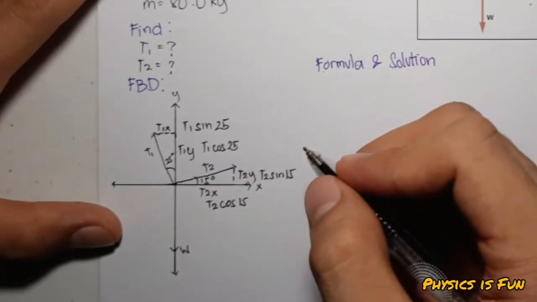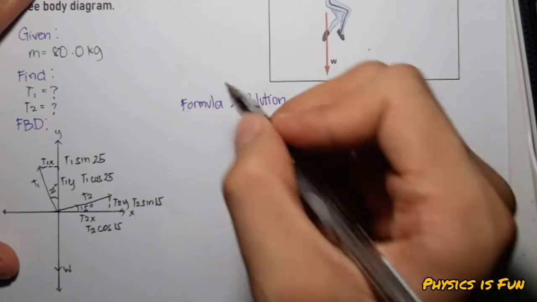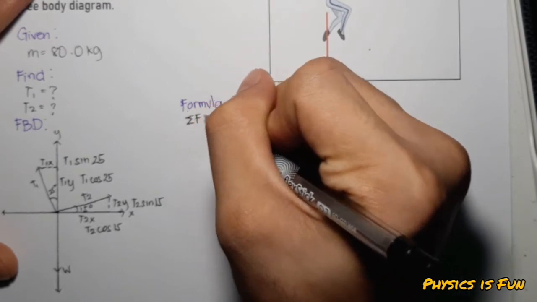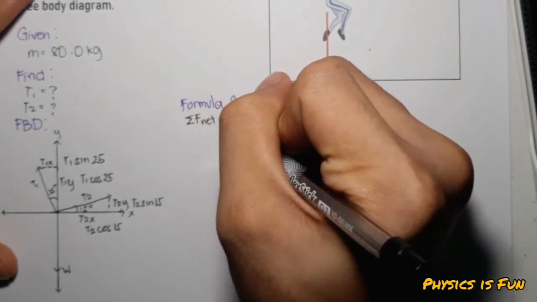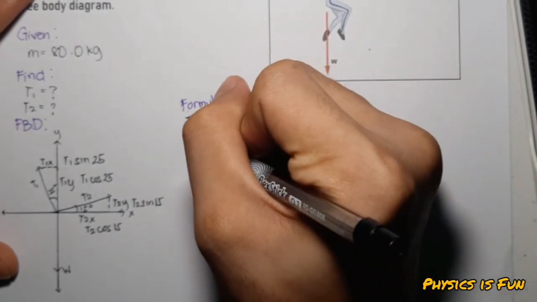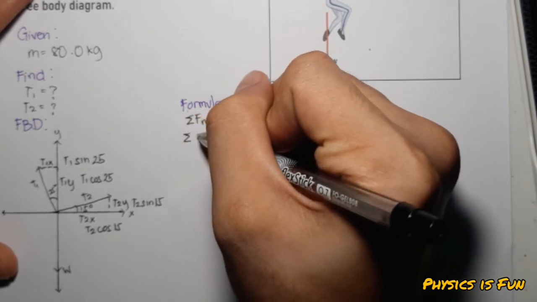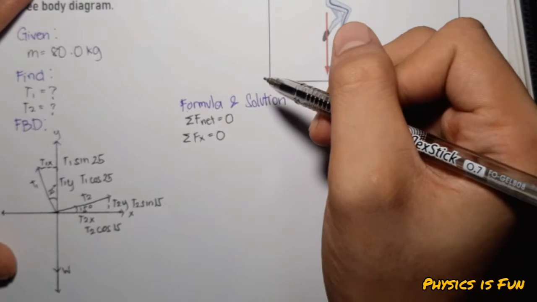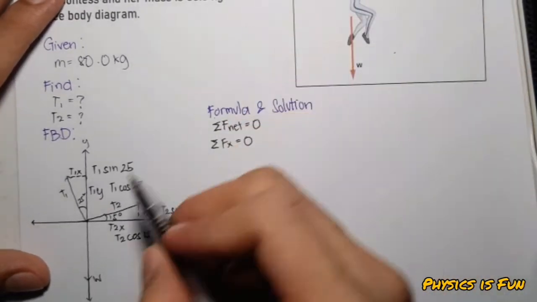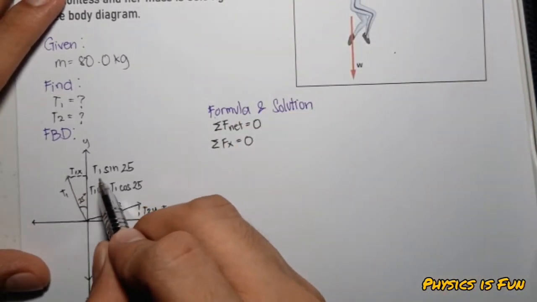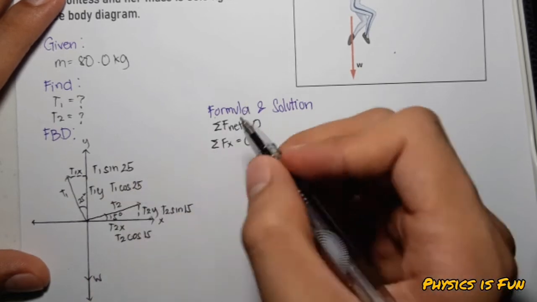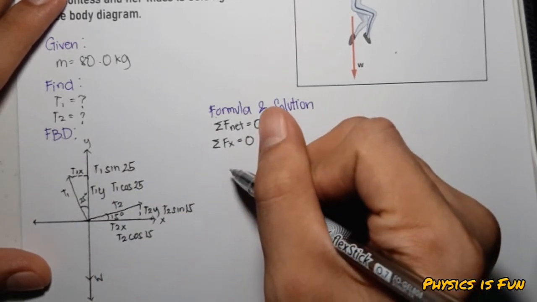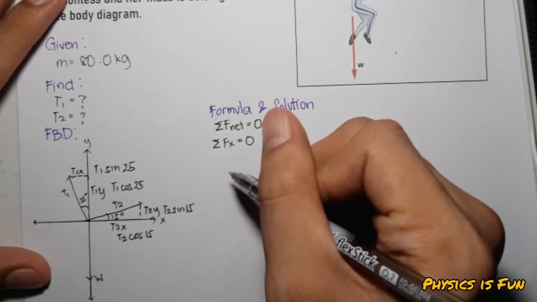Let's now proceed to the formula and the solution. Summation of F net, or net force, is equal to 0. Proceeding to all the forces acting on the x-axis. What are those? Of course, T1x or T1 sine 25. But I have a question. Is it negative or positive?